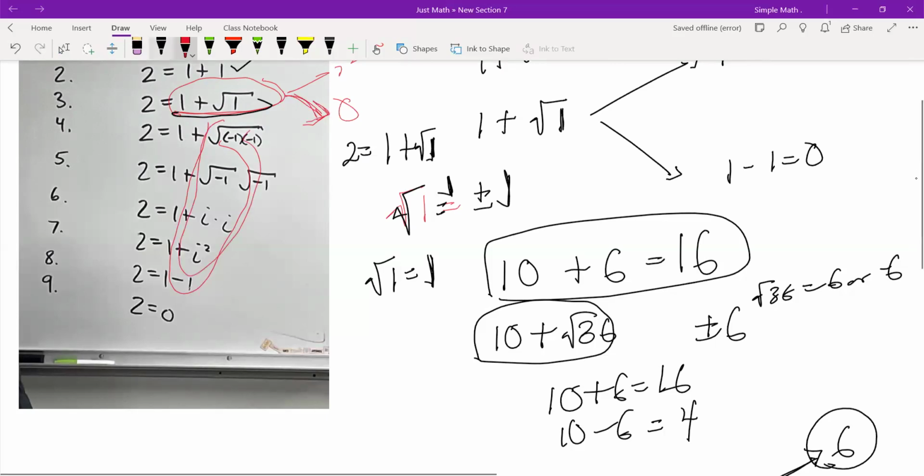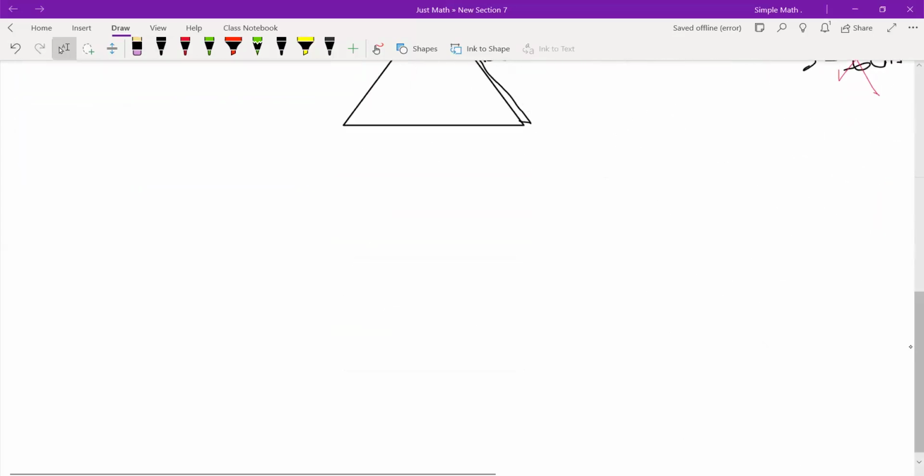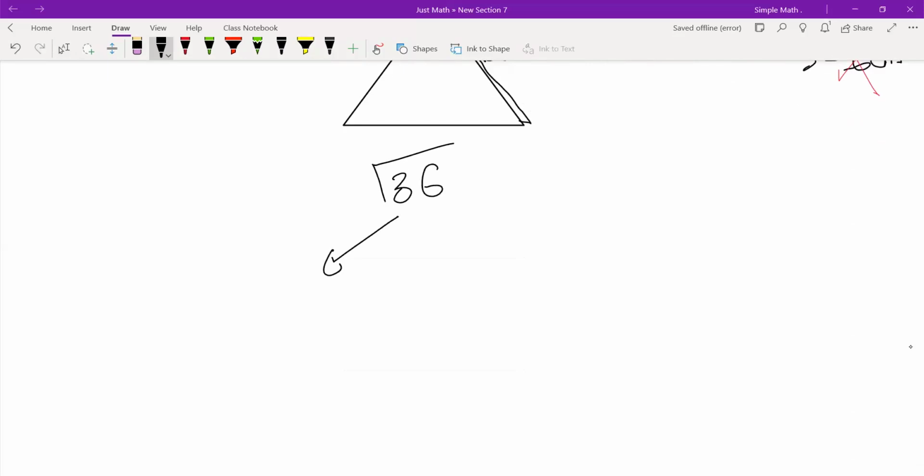Now, I've seen some people argue that the problem is when you go from 4 to 5, that you can't have two negative numbers in a square root. Example, let me use 36 again. The square root of 36 could be 6. It could also be -6. Now root 36, we can write this as 9 times 4.